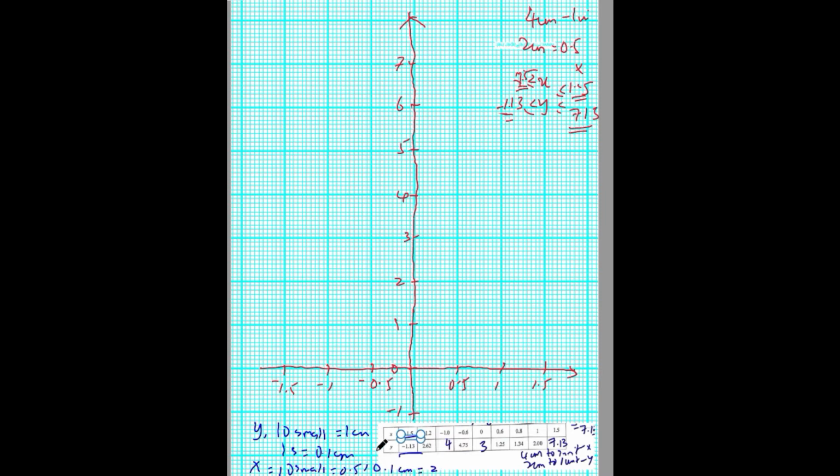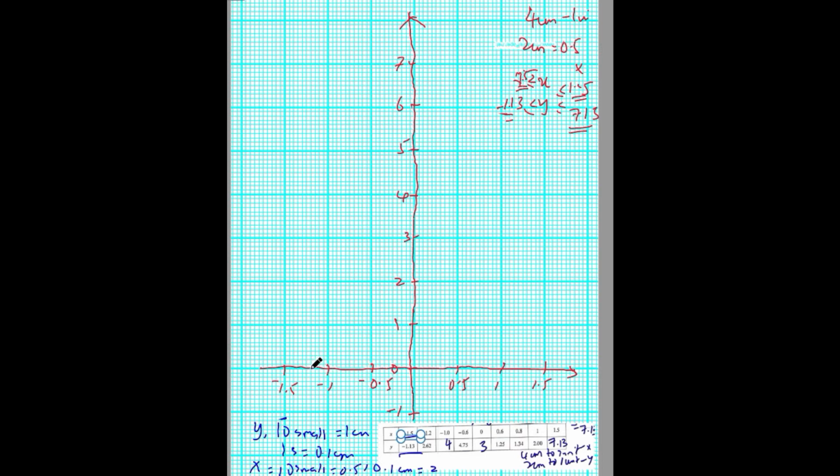So we see here -1.13. -0.5, -1.1. -1.13 is near to -1.15, so it can be in between -1.1 and -1.2. So here we have -1.2. For x, 0.1 cm is for 2, so -1.2 means 4 to the left.